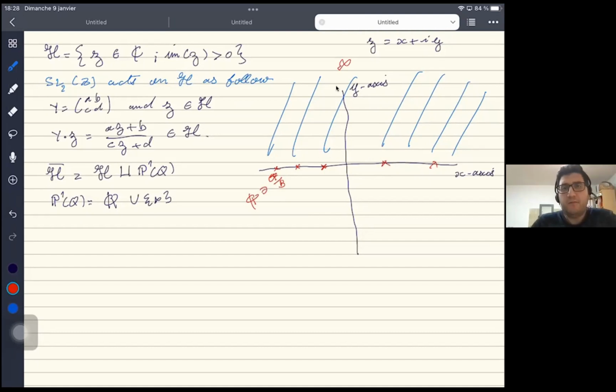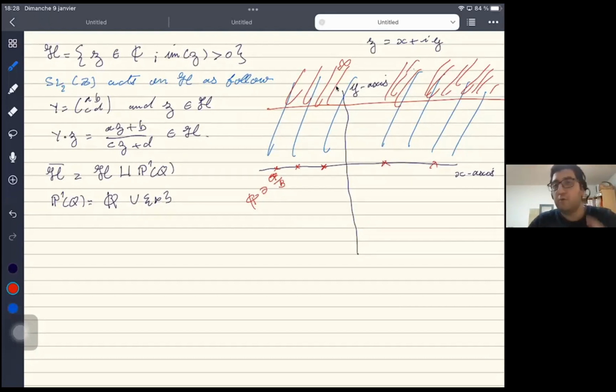For us, infinity will be seen as y going to infinity, so a neighborhood of infinity will be the following: when y is quite big, we consider it as a neighborhood of infinity, and we add infinity. We have already the topology on H, and we add a few opens.